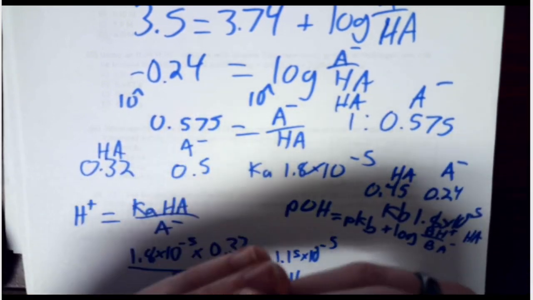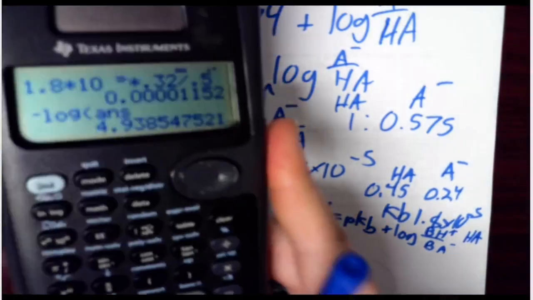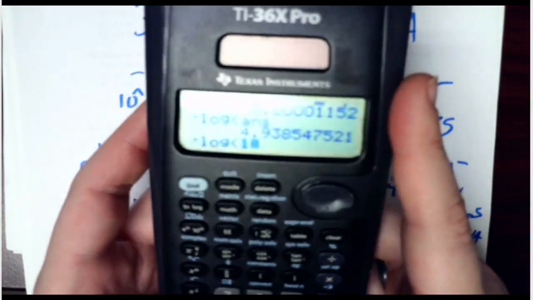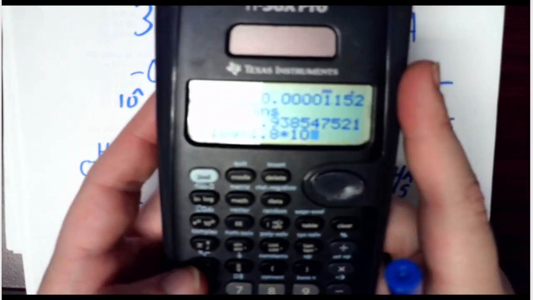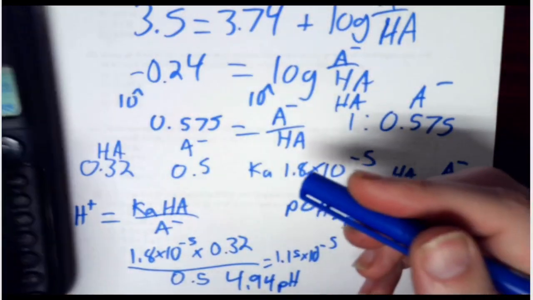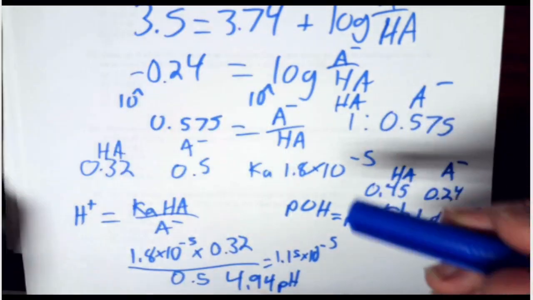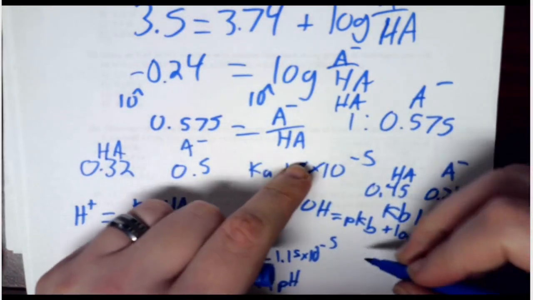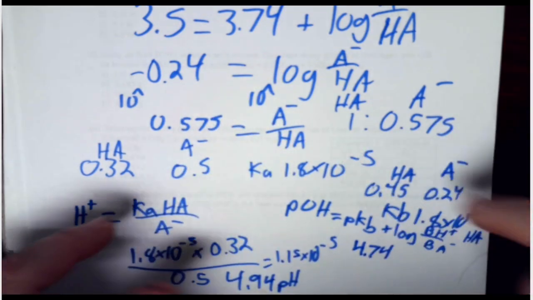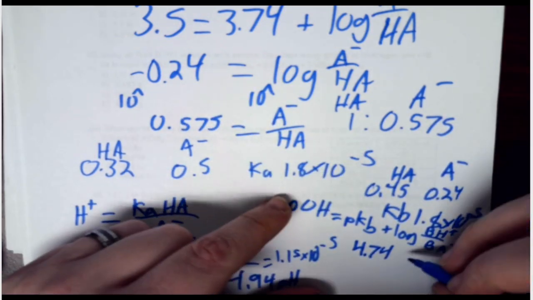Well, the pKb is going to be negative log of 1.8 times 10 to the negative fifth. That's going to be 4.74. And I know that because it's an easy one to remember, because notice the Ka and the Kb are twins.